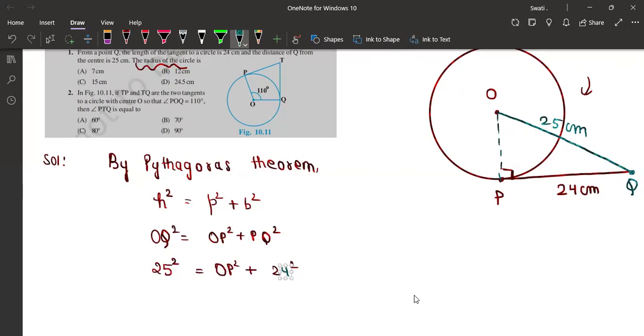And 25 square you can remember always, it is going to be 625. It will be 625, right? Equals OP square plus, what is 24 square?